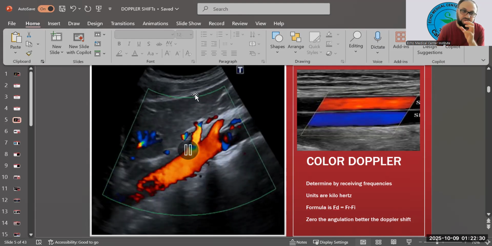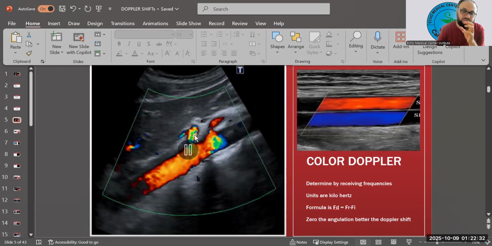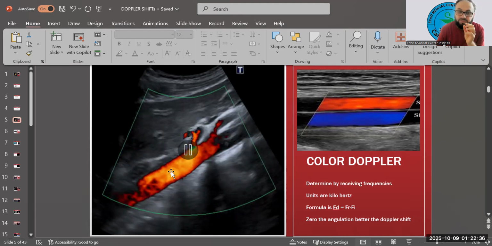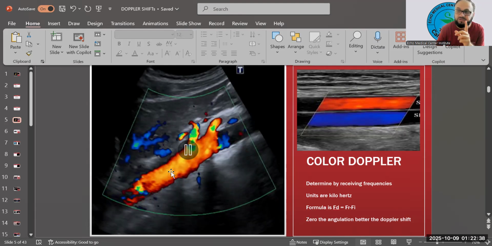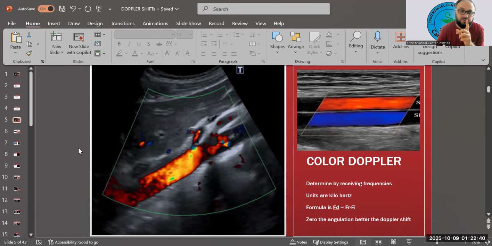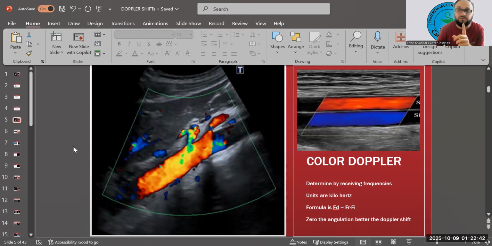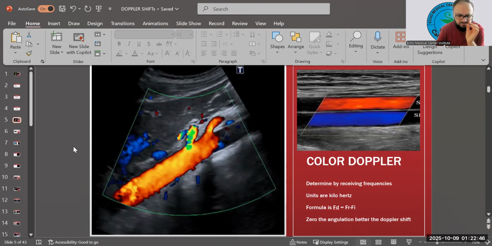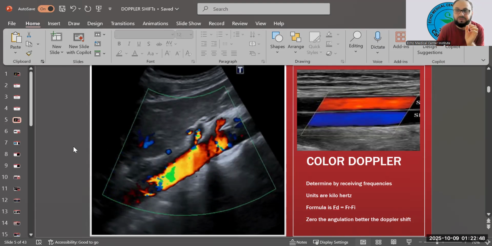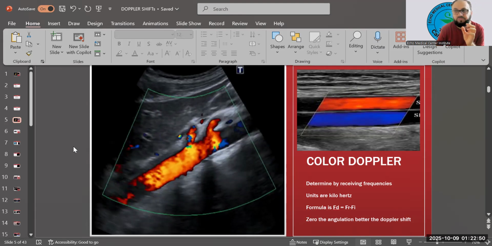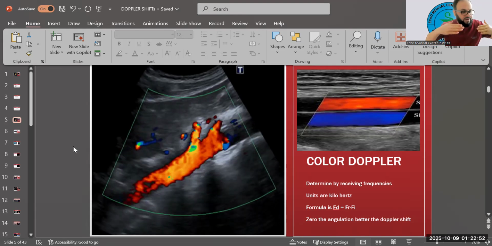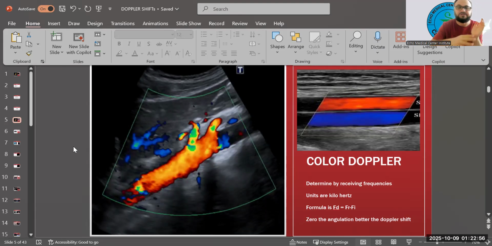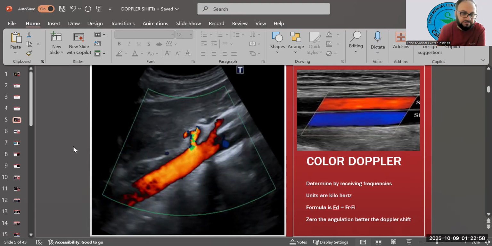The main axis of the beam is more at zero angulation to the celiac trunk compared to the abdominal aorta. So remember, the best Doppler angle is zero angulation. Why? Because the cosine of zero is 1, and 1 means 100% Doppler shift. You cannot miss even a very small amount of the blood. You will catch it because the flow has to be either towards or completely away. So it's 0 degree angulation. We're going to talk about that later a little bit.